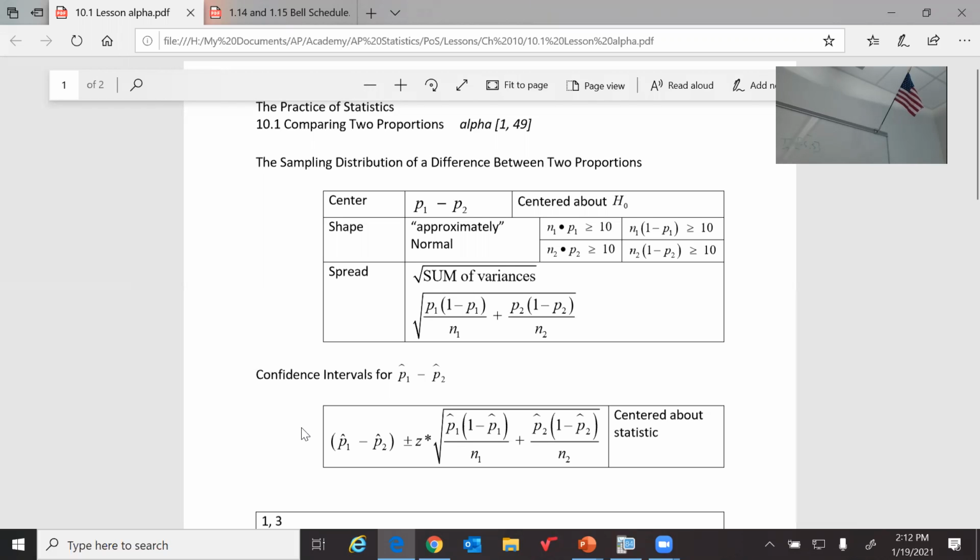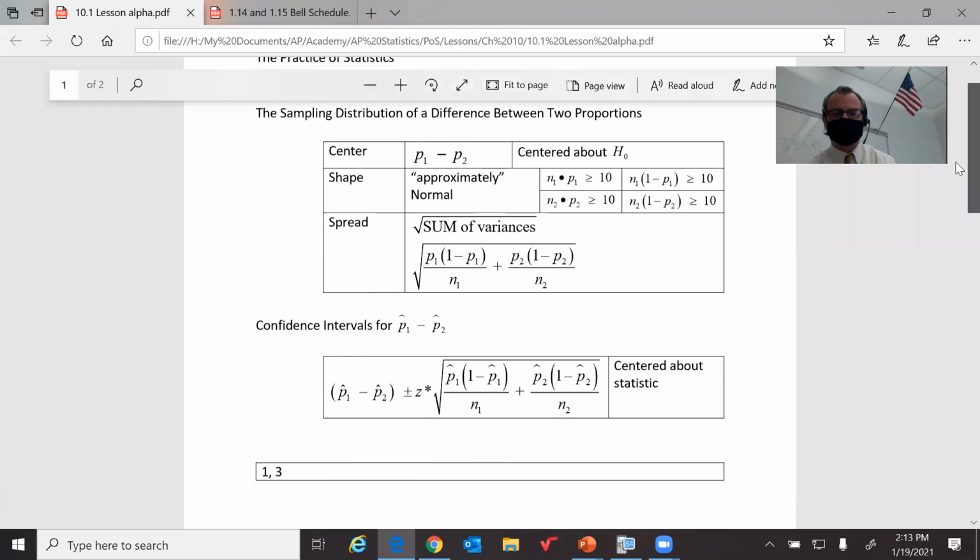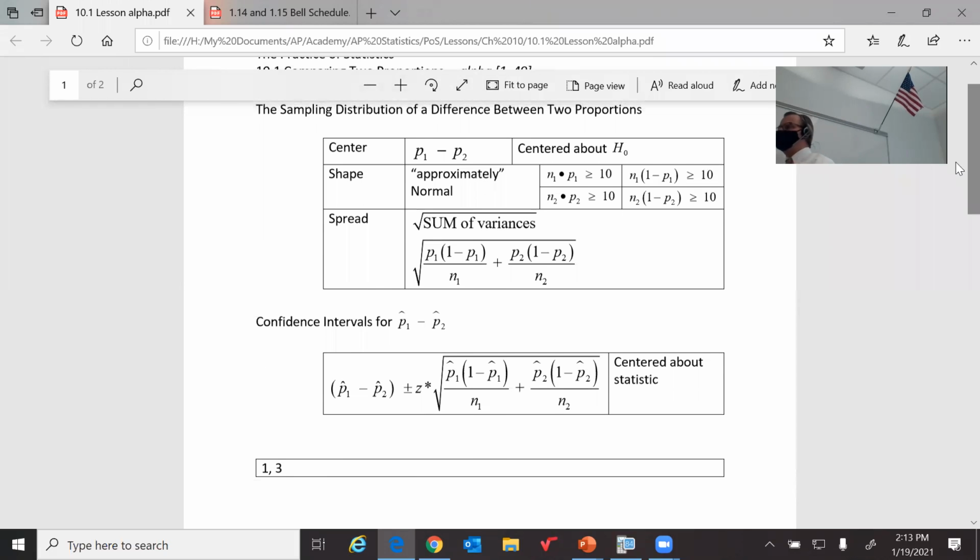Take the square root of that. And that takes you to this algorithm, which is centered about the statistic, p hat. You've got to look for that thing. When you see a hat there, that means that is a statistic.